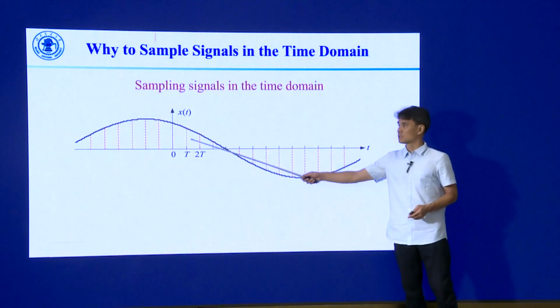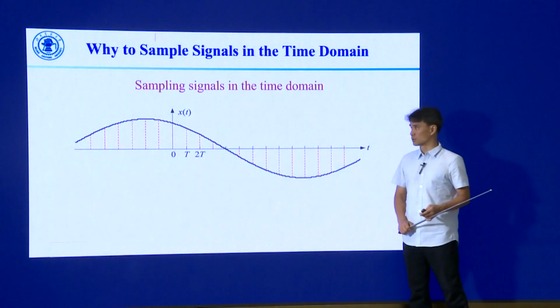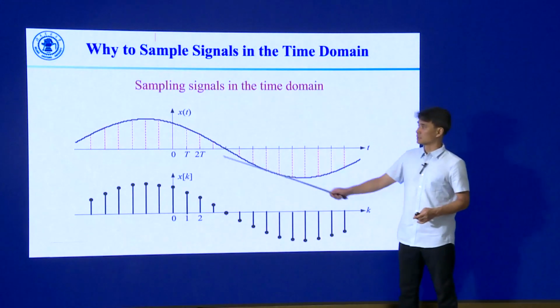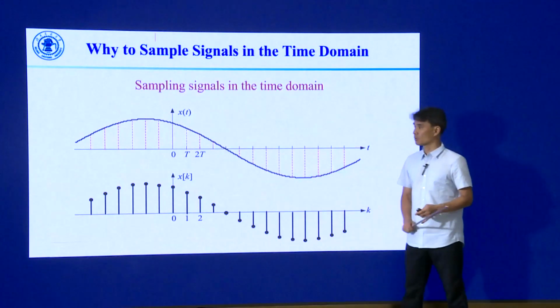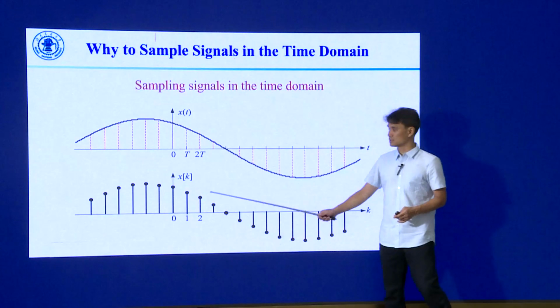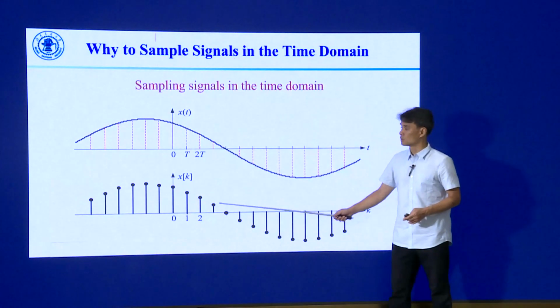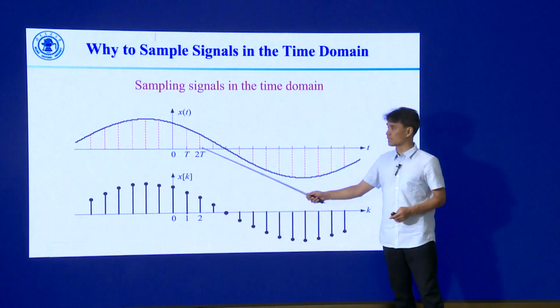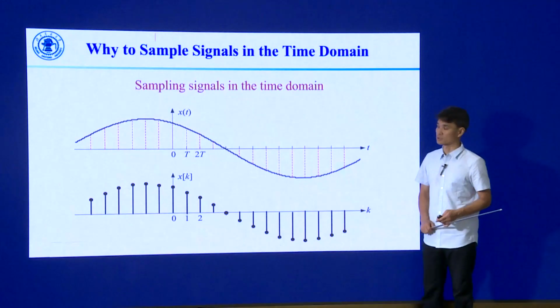This is a continuous time signal, and we want to record only the signal value at a certain time. So what we can do is only sample, for example, when time equals capital T here, get that value, and then move to the next sampling point, t equals 2 times capital T, to get the value at that moment, and so on and so forth.